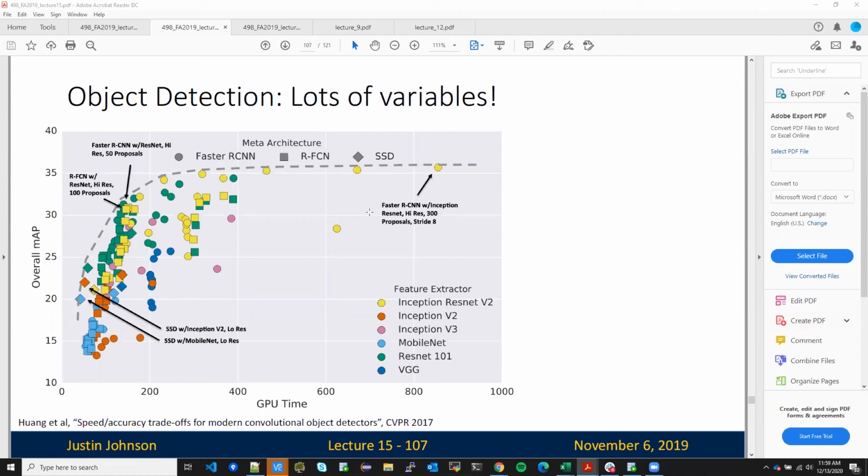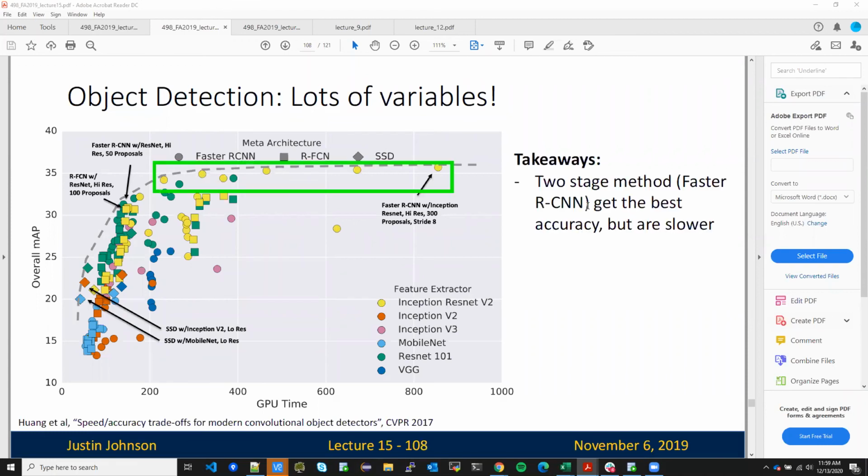And you also see the color indicates the backbone, and the shape indicates if it is a single stage or two stage. So for example, this is a single stage detector versus the circles are all Faster R-CNN. Some important takeaways were that you get the best performance with these Faster R-CNNs, but then the performance is slower.